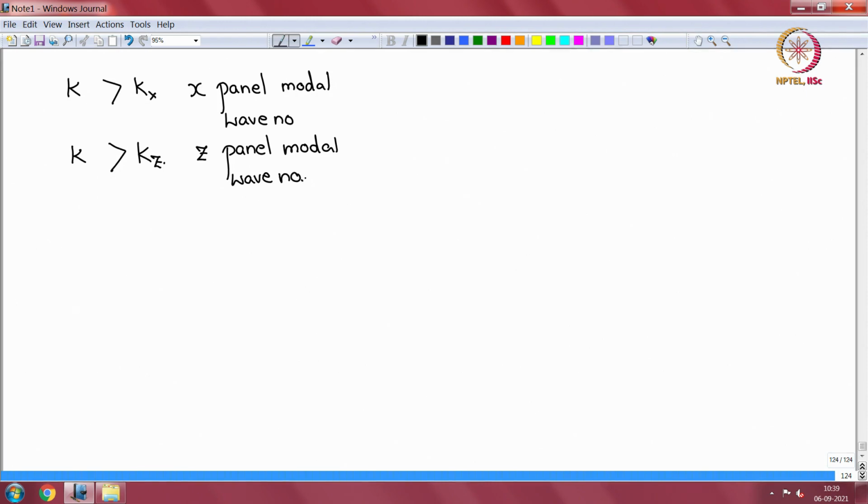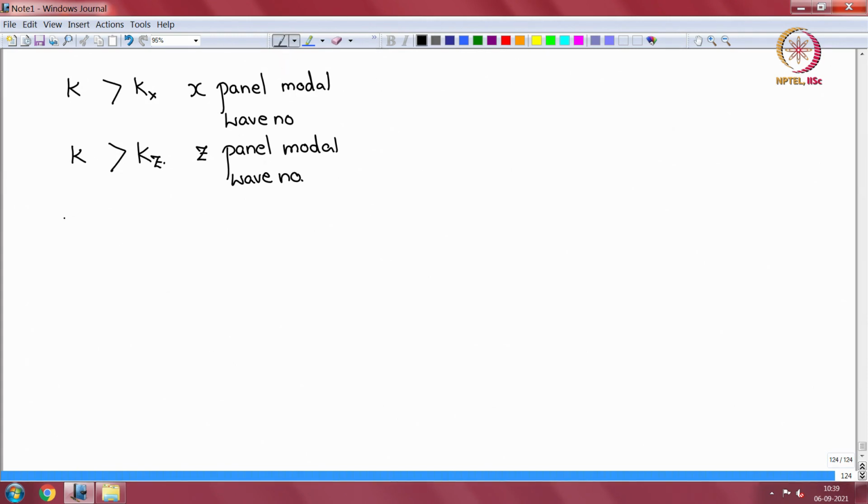So, this is indicating the local coincidence. This is not the true full coincidence, this is not the coincidence wave number, but better to see it in terms of lambda.